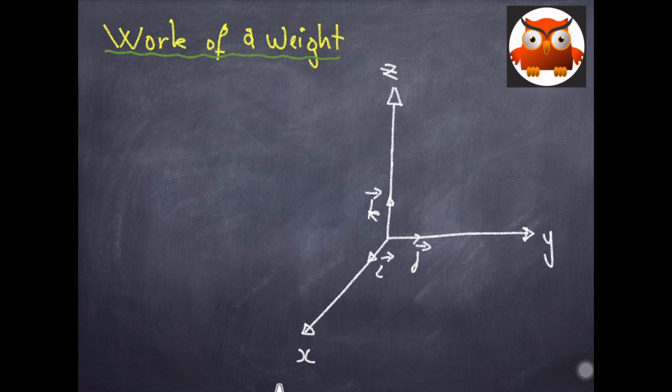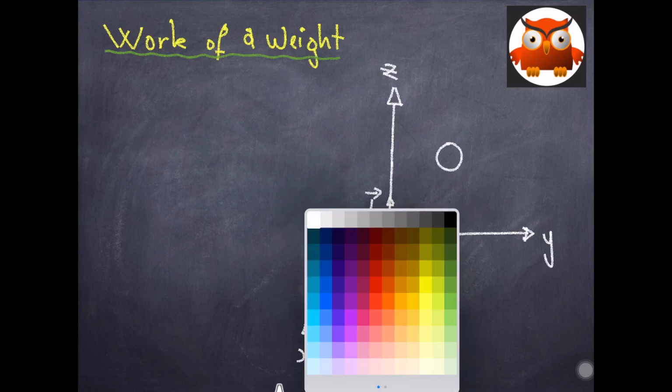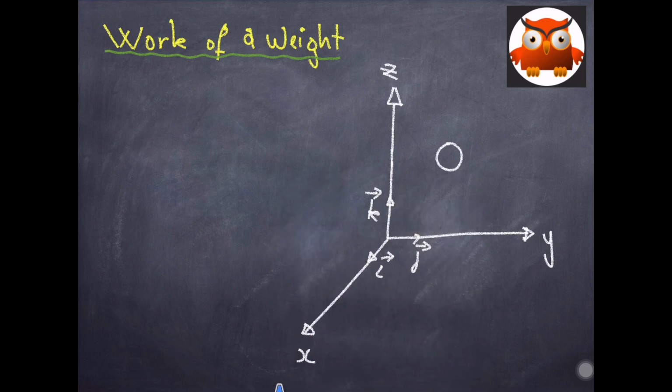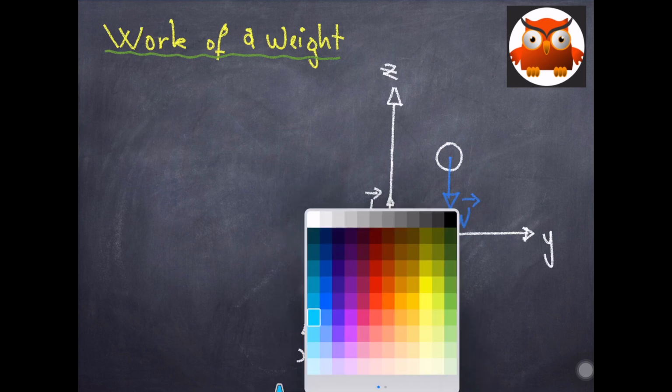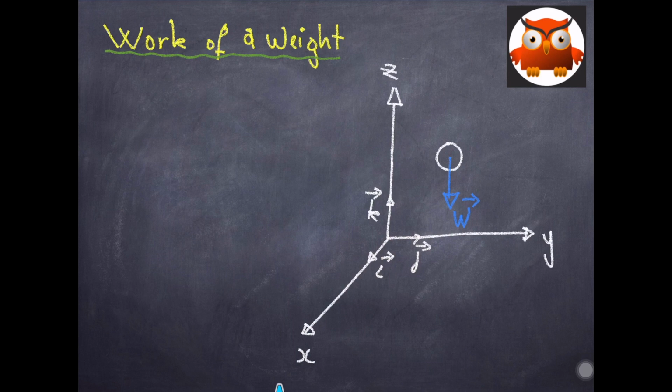So let's set up now the equation for the work done by the weight. So imagine we have a particle and it has a weight W. So imagine that this particle moves from position 1 to another position.